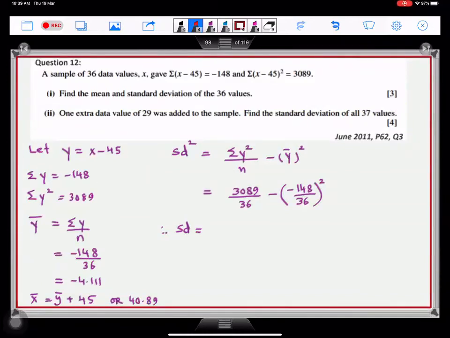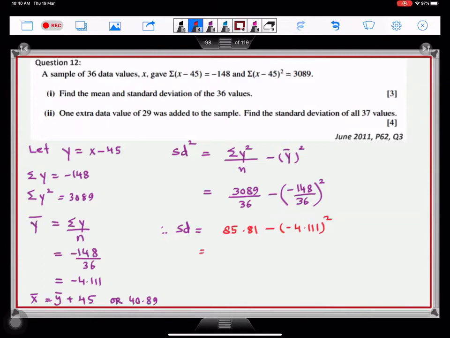3089 divided by 36 comes out to be 85.81 minus y bar, which was minus 4.111, squared. So 85.81, keep it on the side. 4.111 multiplied by 4.111. I don't have a scientific calculator, that's why I'm using the phone.